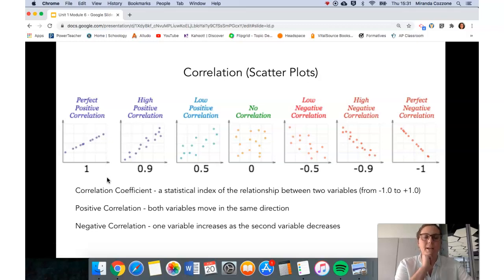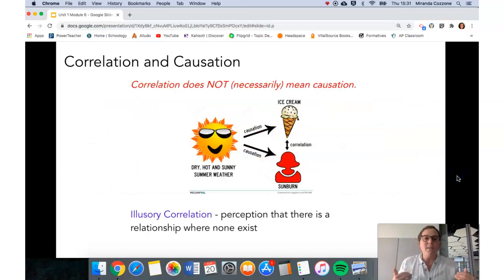So hopefully that hits your ears as pretty bogus compared to study time and grades, okay? So it's always important to recognize that just because you have a correlation doesn't mean that one thing causes the other. We know that buying ice cream doesn't cause sunburns, okay? So it's always important to look at data with a critical eye. There's probably in this case a third variable, and that is that it's actually hot weather that causes both.